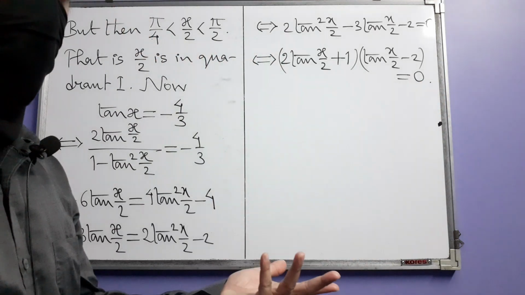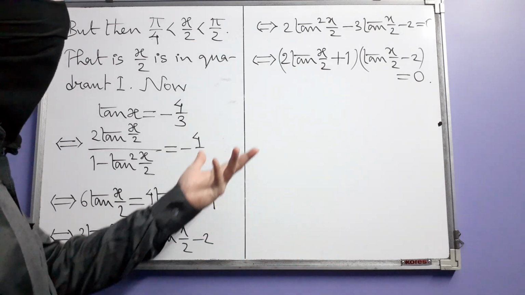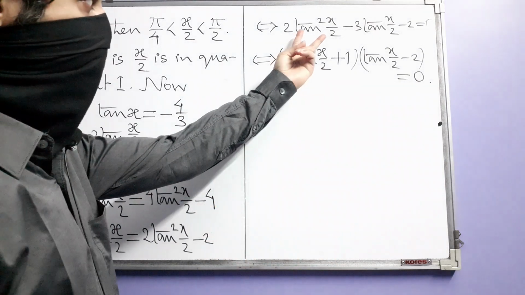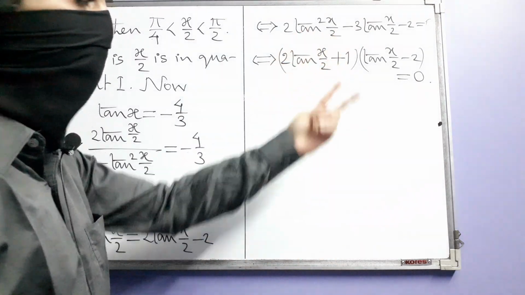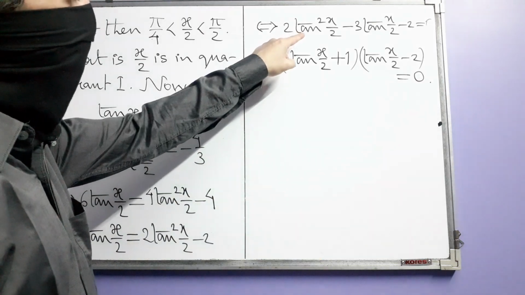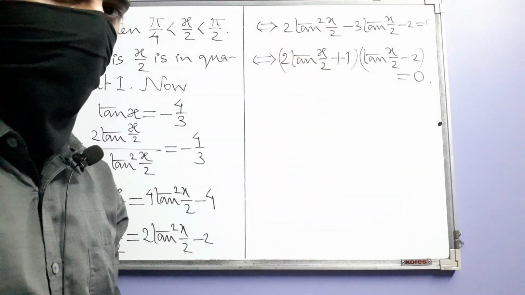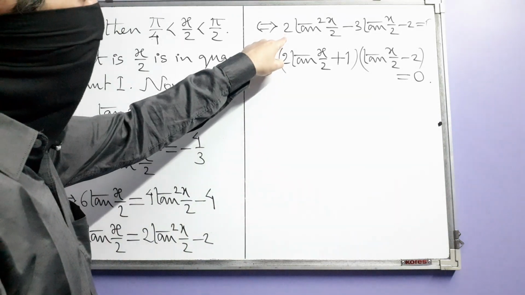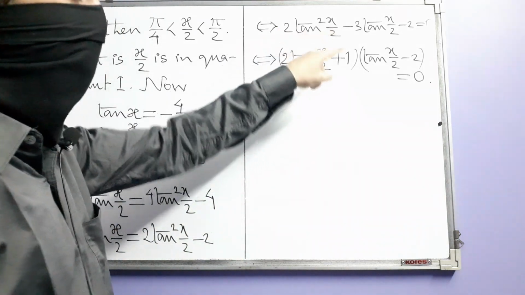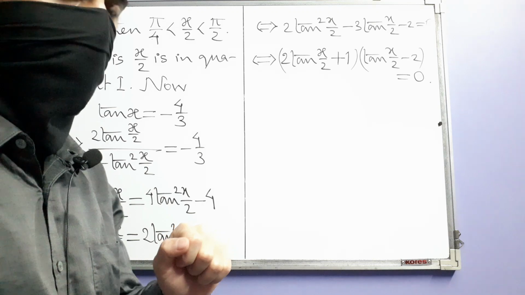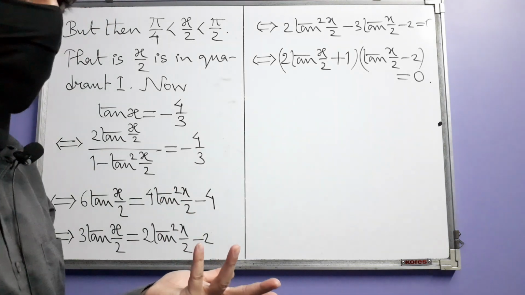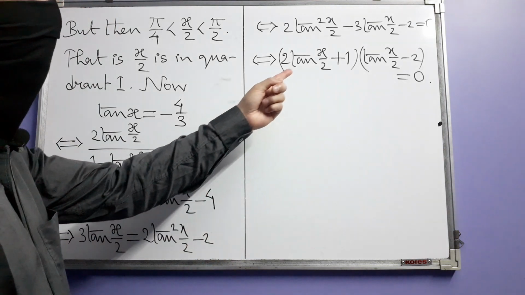You already know how to factorize this type of expressions. If you find it a little confusing, you can name this something. You can call it y, then this equation will become 2y square minus 3y minus 2 equal to 0. And then you can factorize it in the usual way. You will see that you get this.